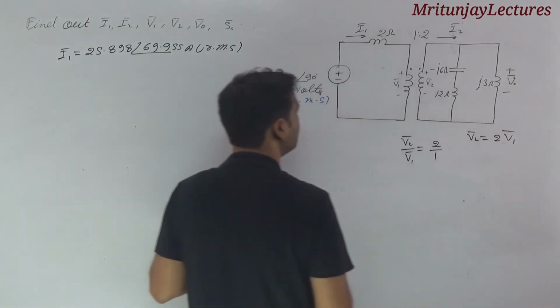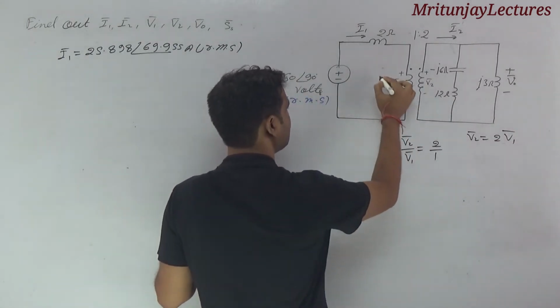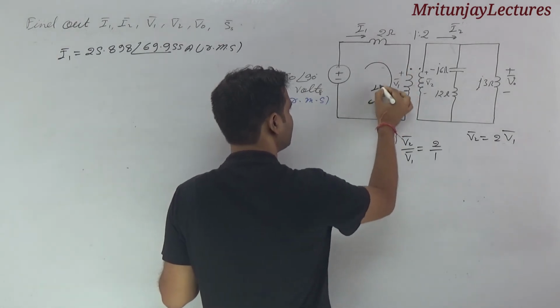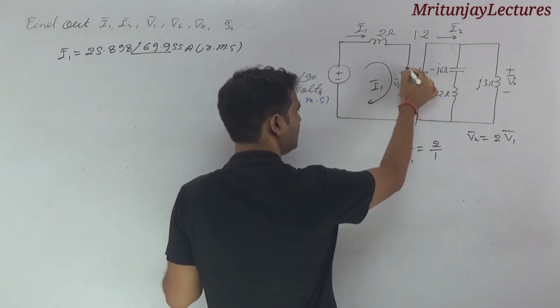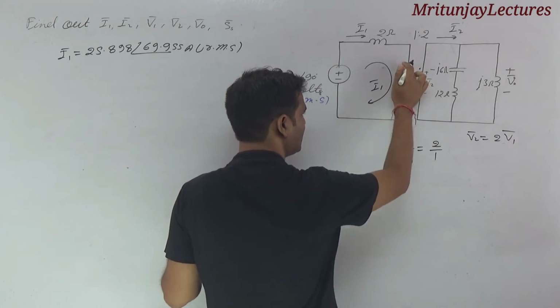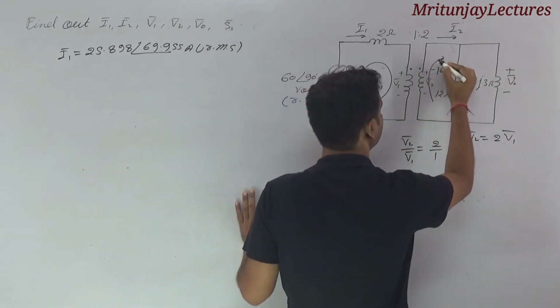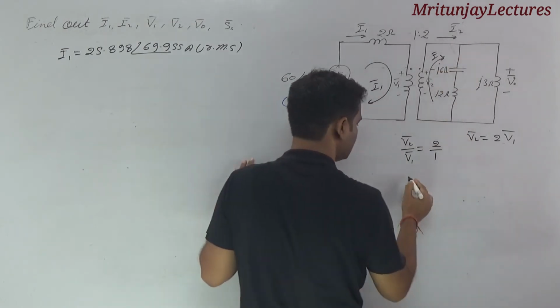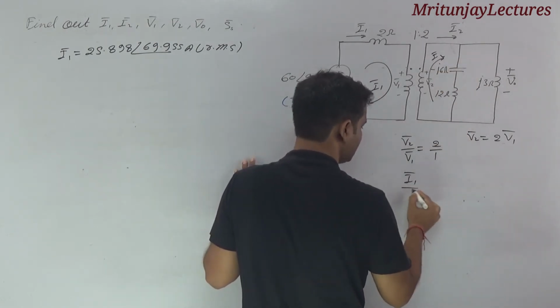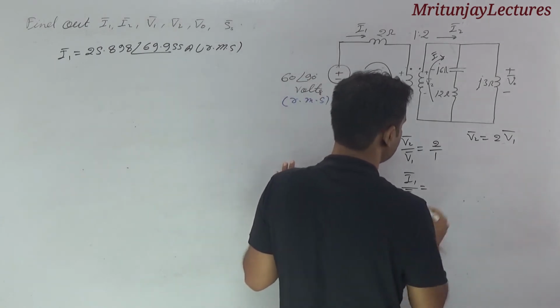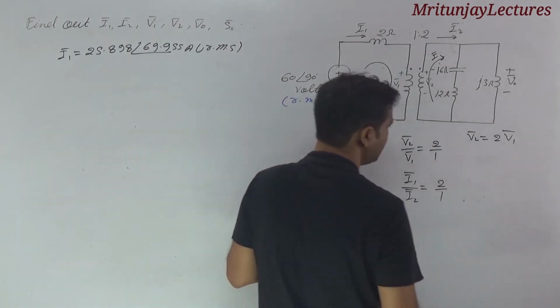Clear? Now what about current? Direction of current: I1 enters at the dot, and now I2 is leaving. So according to dot convention, I1 by I2 is equal to N2 by N1. Is this negative or positive?